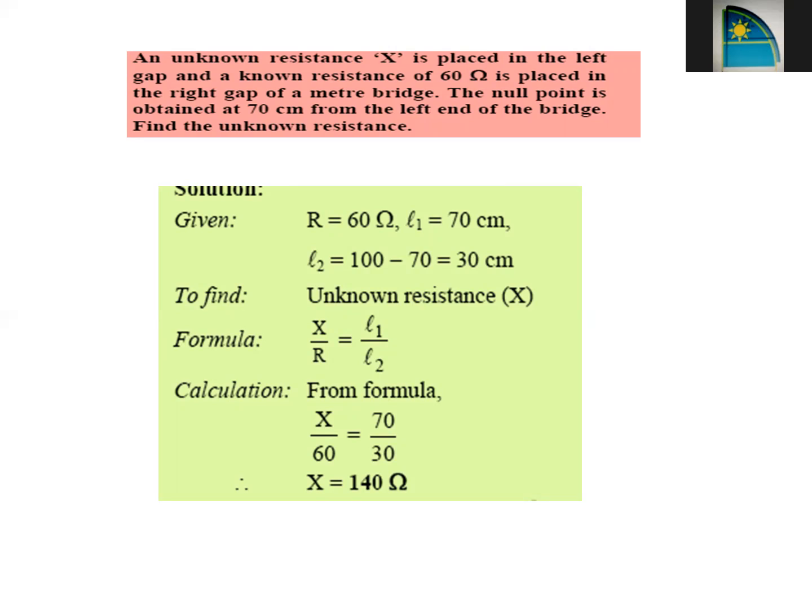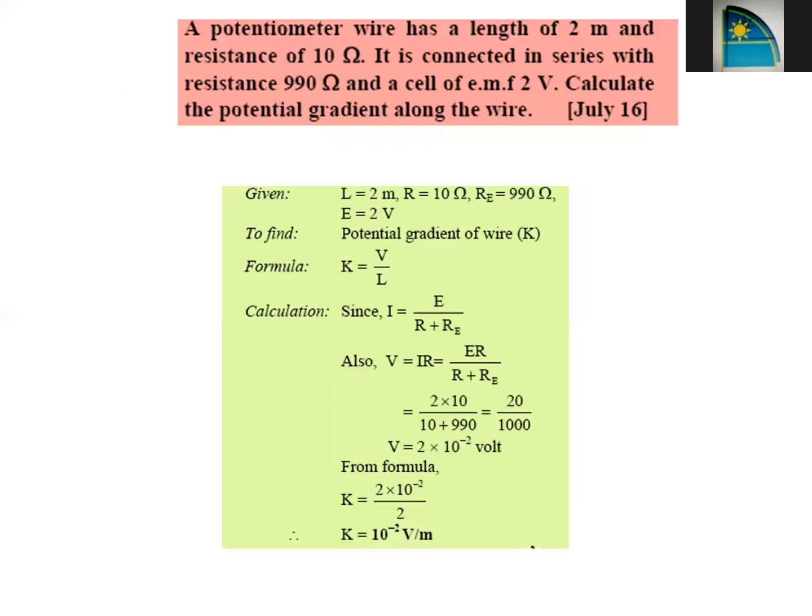And the last part of this chapter is the third variety of bridge, which is known as the potentiometer. The usefulness of the potentiometer is that it can be used to calculate the internal resistance of any given battery. In this question, we will use the same simple formula, that is, I is equal to, see, we know V is equal to I into R. So instead of writing V, we will say E. E is the EMF of that given battery.